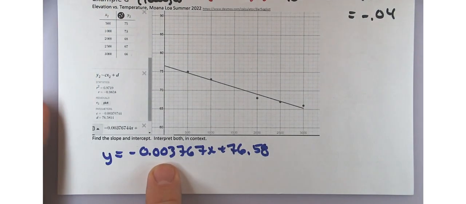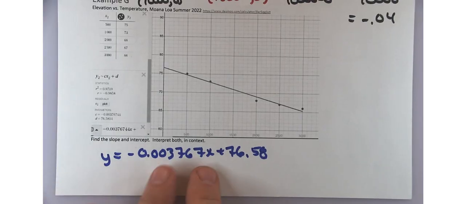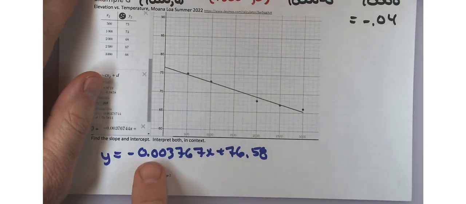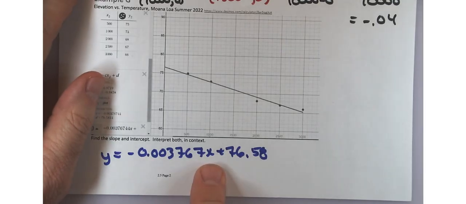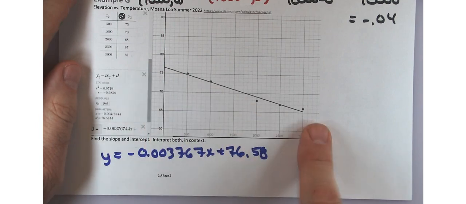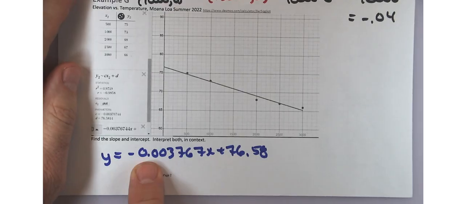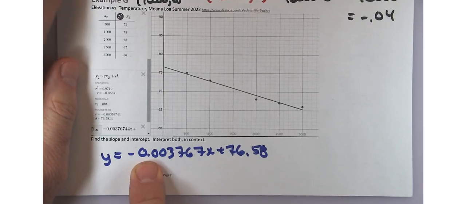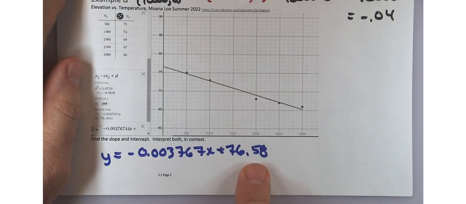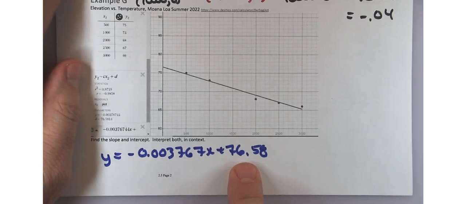Now, it's not going to work this accurately, but what this is saying is what happens to the temperature as you increase your altitude. So what is it saying? What is the negative implying for us as we increase in altitude? Decrease in temperature.